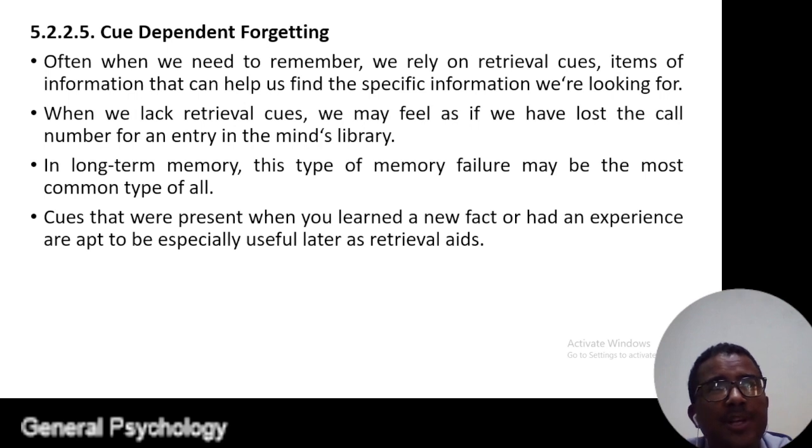For example, when you were in high school, you had different memories with your friends and your teachers. One day, you return to your high school. When you reach your high school, you start to remember all your memories. So your high school's physical arrangement brings back your old memory.